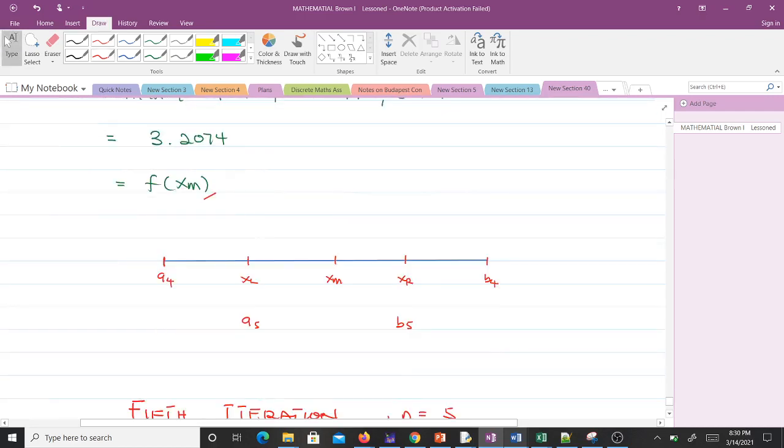So that means we have to find A5, B5 and use that for our last iteration, because the question says we should do 5 iterations. So since it is XM, that means we're only interested in what? This interval. So we discard the rest. So our new A, which is A5, is XL. Our new B, which is B5, is XR. So we use that to do the last iteration.